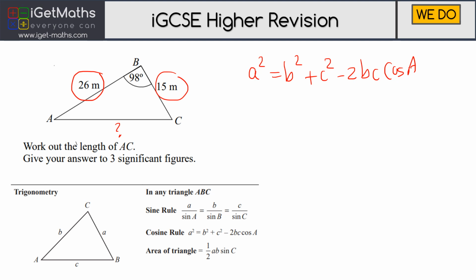It doesn't matter which way round you have b and c. So we'll have this as b, this one as c. We're going to cross this out and rename it A. And we're going to rename the opposite side small a.